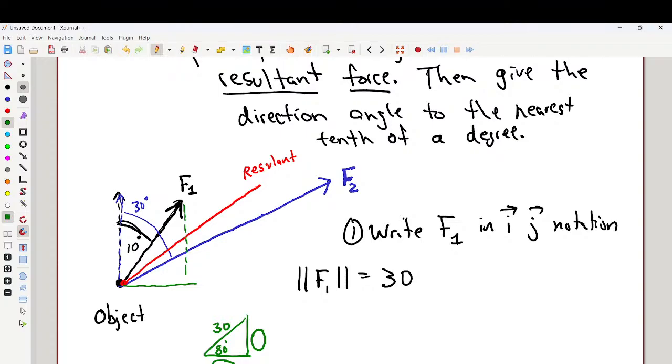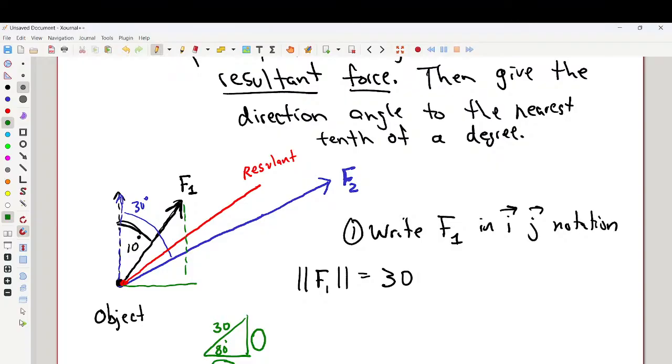So also a connection from our last lesson, or just trigonometry in general. If we know an angle and I want to know the base here, we could say cosine 80 is x over 30, but then we would multiply by 30, and that's how we find our x coordinate.